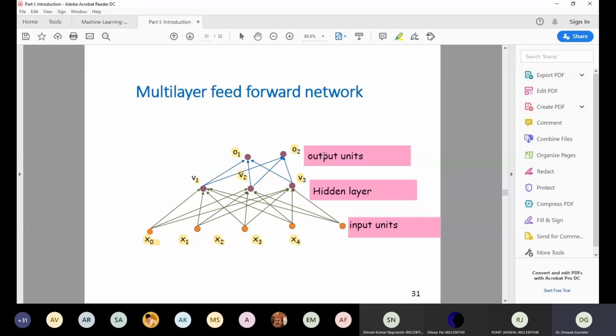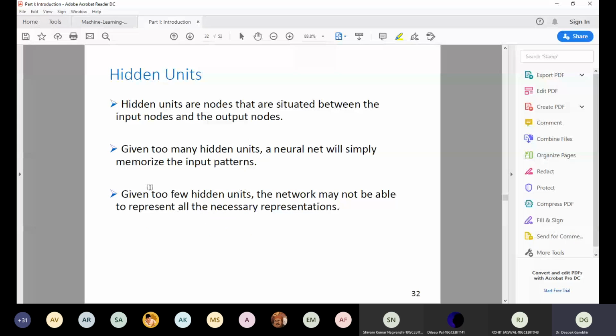So it is a 532 multi-layer feed-forward network. In this case, the output O1 is not fed back to the input X1. So this is a feed-forward network, not a backward network. Backward networks also exist, and we will study them later on.